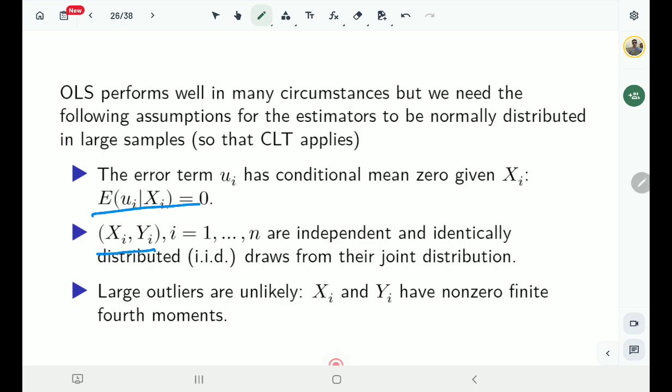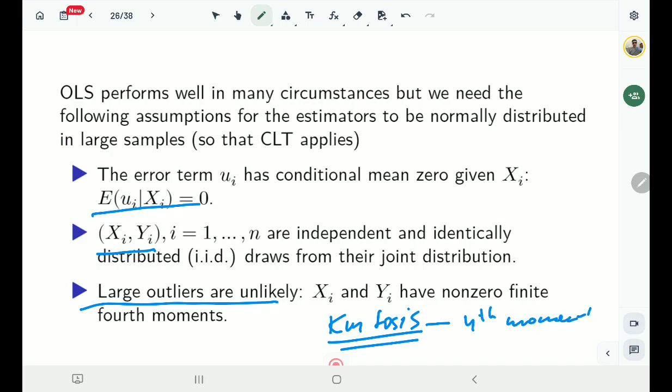The second one is that the data is IID, so the sample data is based on simple random sampling, in other words. And the third assumption is that large outliers are unlikely, so x and y have non-zero finite kurtosis. Kurtosis, by the way, is the measure of the tails of the distribution. You have to keep that in mind. Sometimes it is called the fourth moment of the distribution.